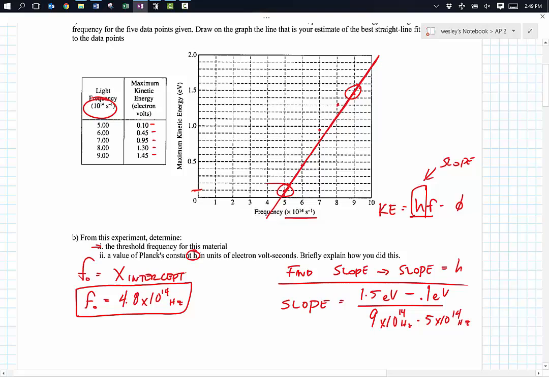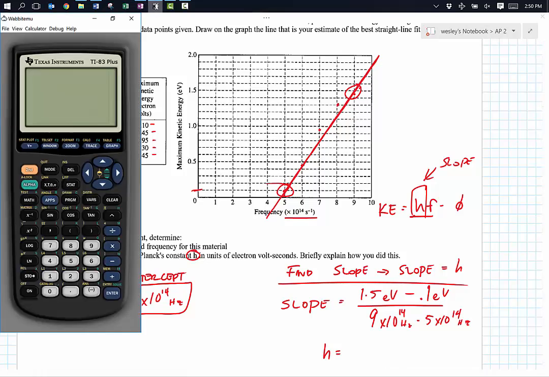Now, since we said h was equal to the slope, that's going to give us a direct calculation of h. And so what we'll do is put that right into the calculator here.